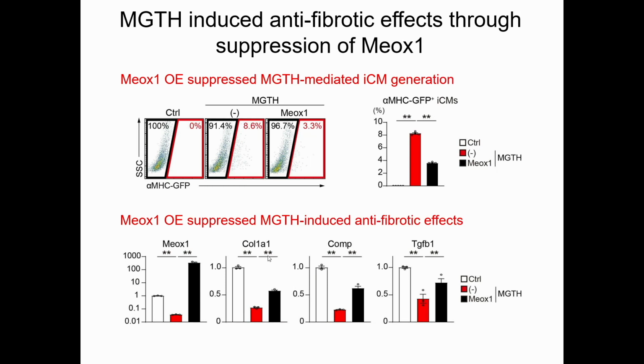So these results suggest that MEOX1 suppresses MGTH-induced antifibrotic effects. In summary, we found that MGTH induced antifibrotic effects through suppression of the master regulator of fibrosis, MEOX1.